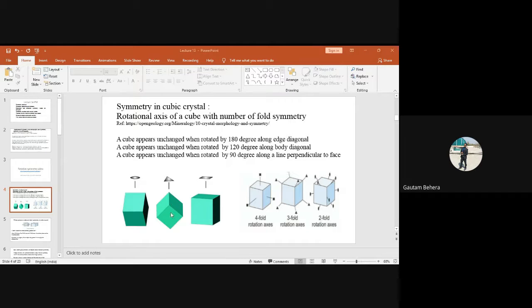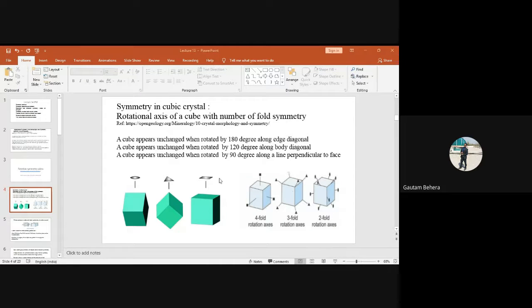So this image is similar to this one. You can see this is the axis passing through the body diagonal, right? So how many fold will it be? Threefold, right? Number of fold n is equal to 360 degree divided by 120.